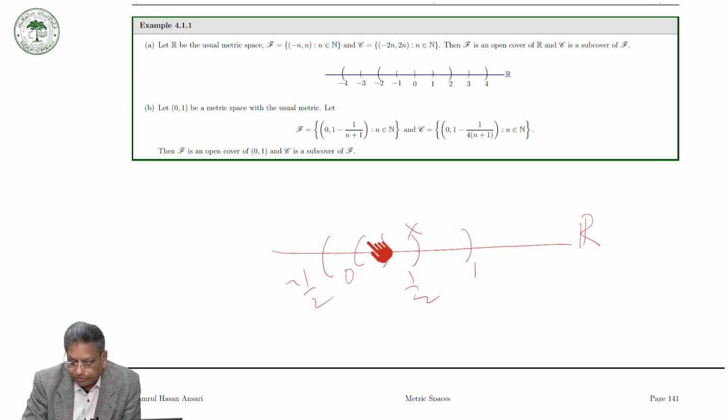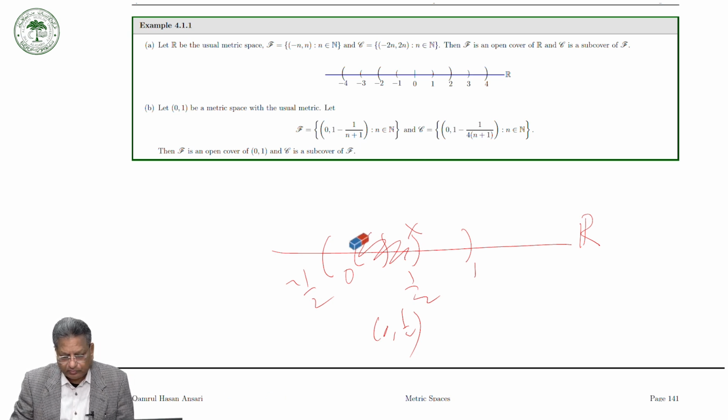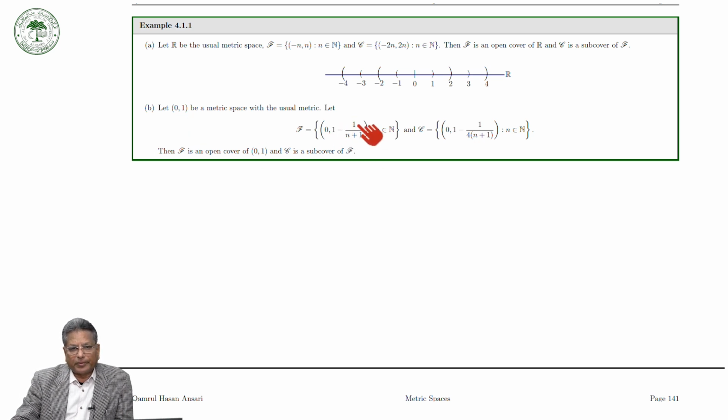Then the portion from 0 to half is an open interval in X. Similarly, all these elements of F are open intervals in the metric space (0, 1) with the usual topology.